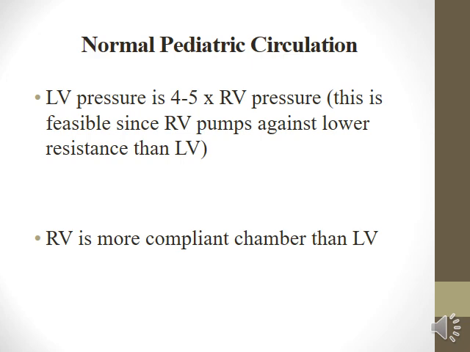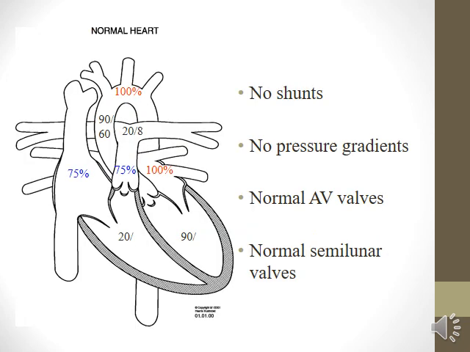Normal pediatric circulation. Left ventricular pressure is 4 to 5 times the right ventricular pressure. This is feasible since the right ventricle pumps against lower resistance than the left ventricle, and the right ventricle is also a more compliant chamber than the left ventricle. The left ventricle is stronger and more muscular than the right ventricle. Normal heart. In a normal heart there is no shunt and there are no pressure gradients.